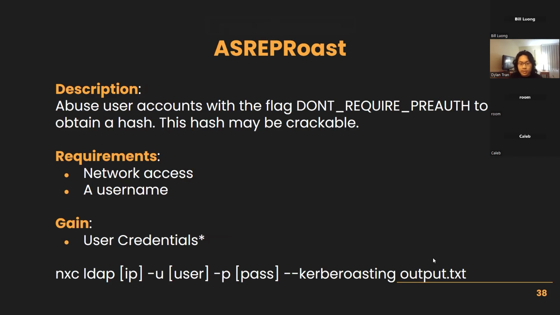I feel like I've said this a million times now, but in Active Directory, it speaks with LDAP. In LDAP, everything's an object. These objects have attributes. So if there's a user account object with a don't require pre-auth flag, you can effectively do this attack.